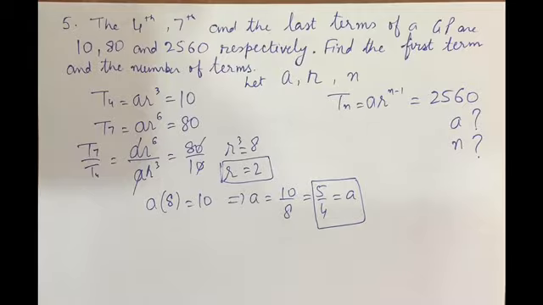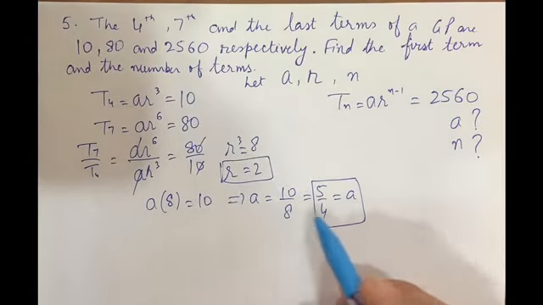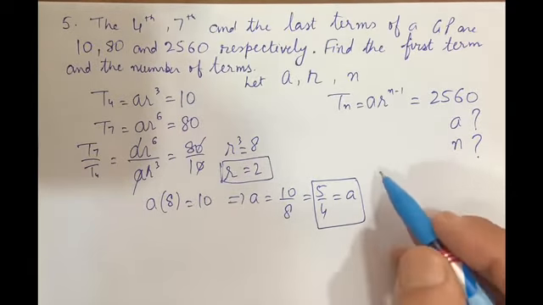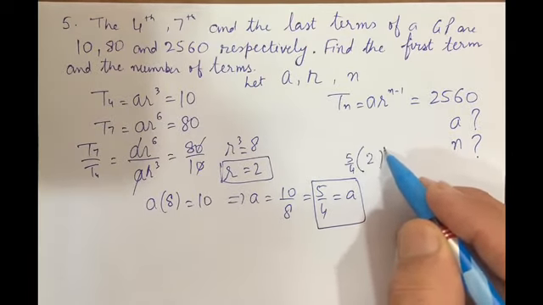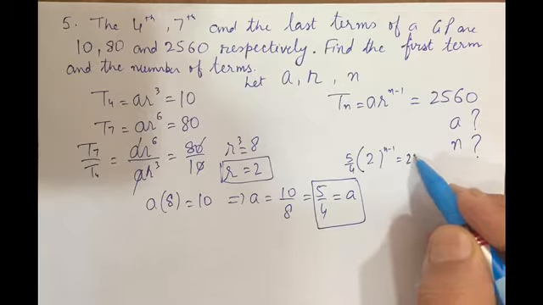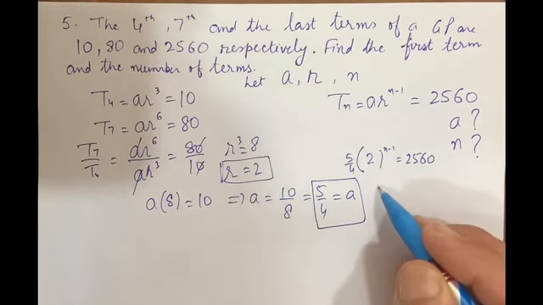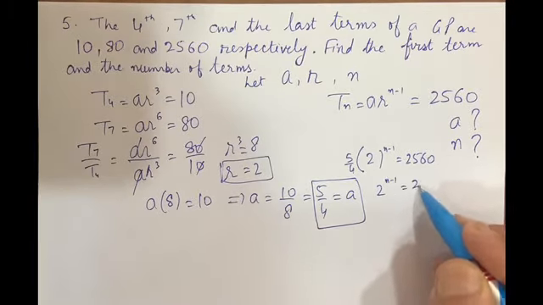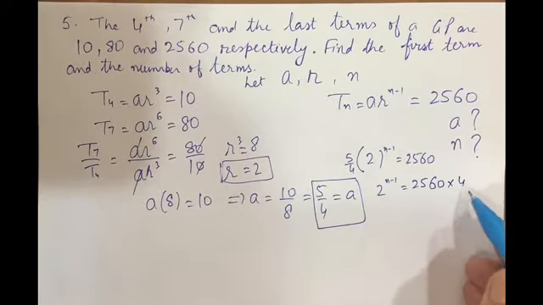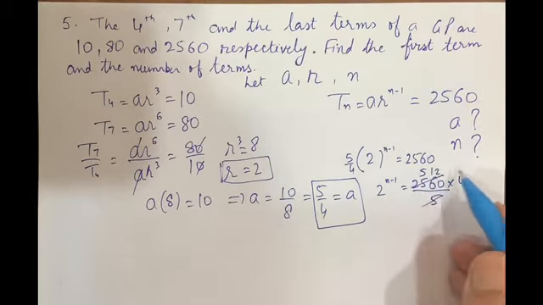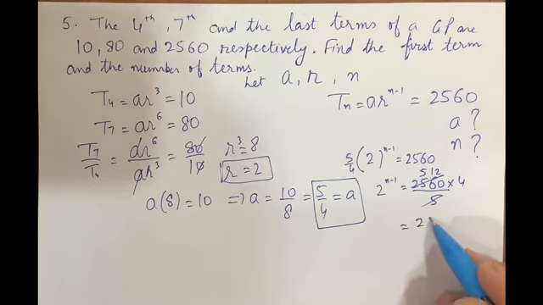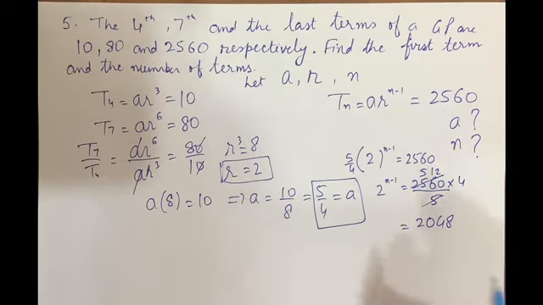Now we have to find the value of n. We substitute these values here. A is 5 by 4 into R, 2 raised to n minus 1, this is 2560. 2 raised to n minus 1 is equal to 2560 into 4 upon 5. This will be 512, so this is 2048.